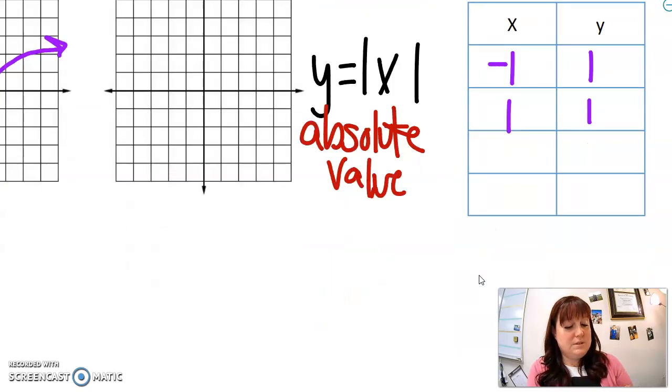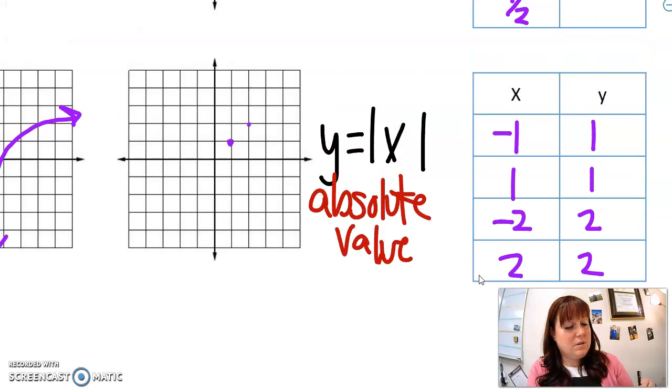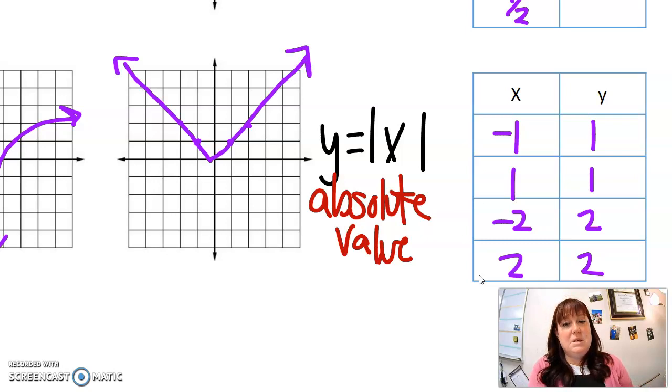If x equals -2, y would equal +2. If x equals +2, y would also equal +2. So it's going to look like a V. Because it's like we took a line, right? And we just changed all these negative values down here. We just changed them positive. So that's the absolute value.